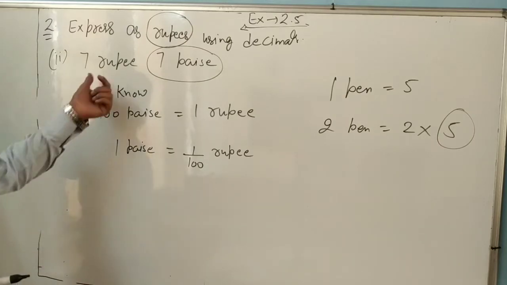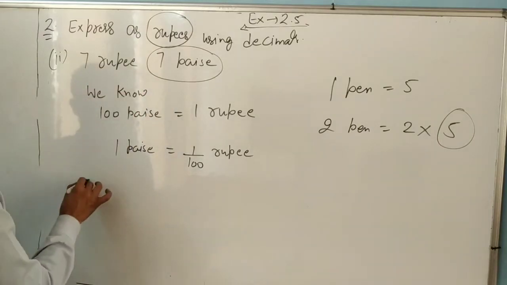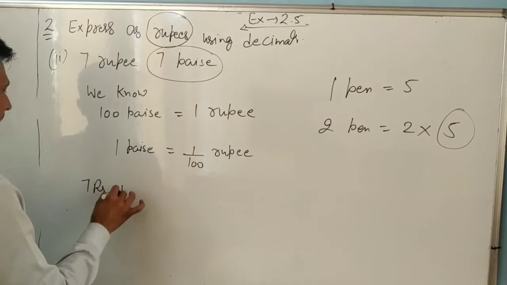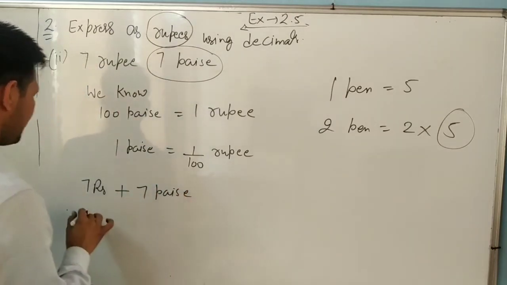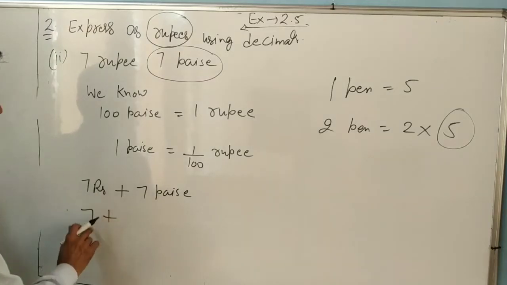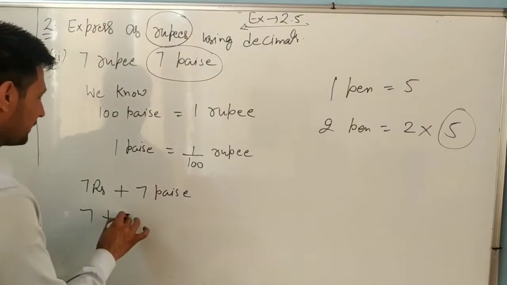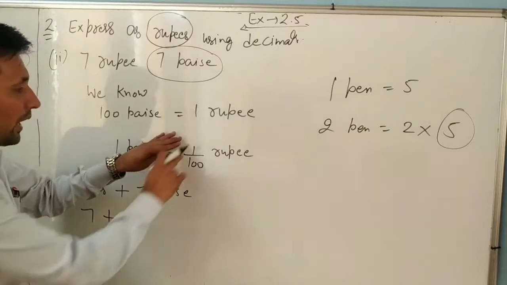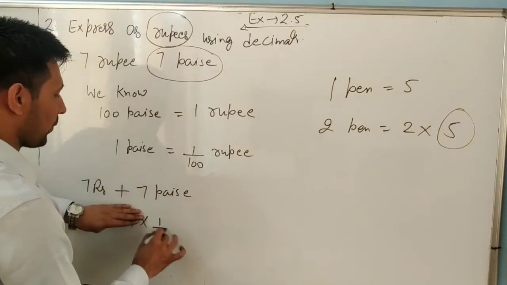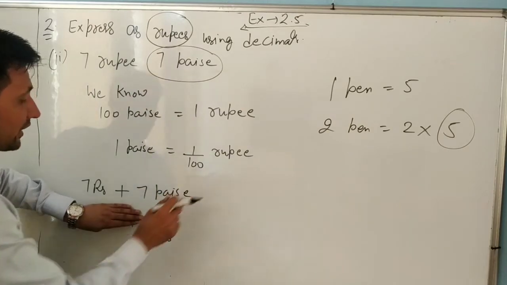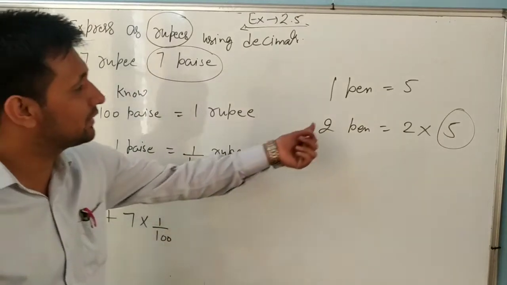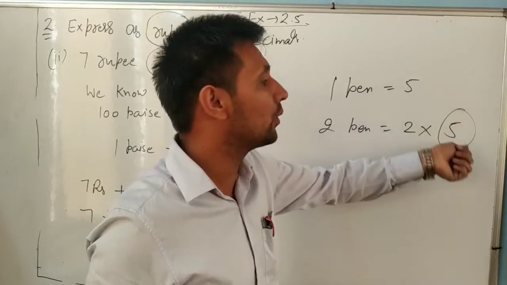And we know we want to change into 7 rupees. So write 7 rupees plus 7 paise. So what will you write? 7 rupees plus, as it is, 7 paise. 1 paise equals 1 by 100 rupees, and 7 into 1 by 100. Same as the cost of 2 pens, 2 into 5, same as it is.